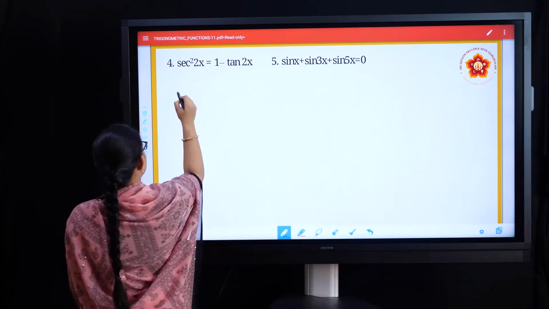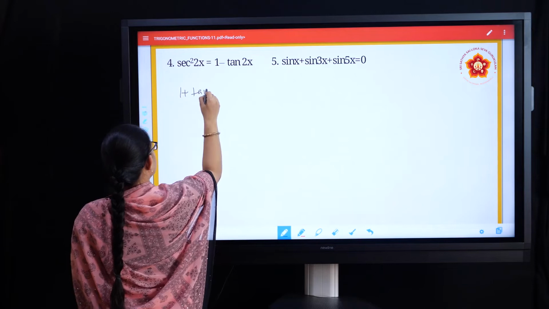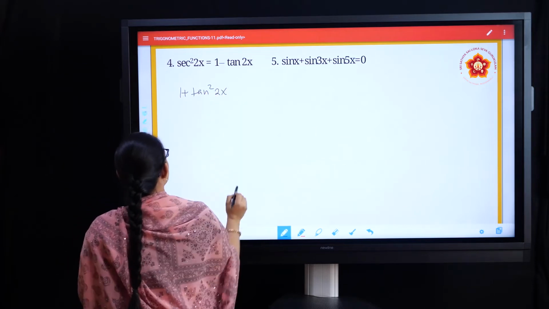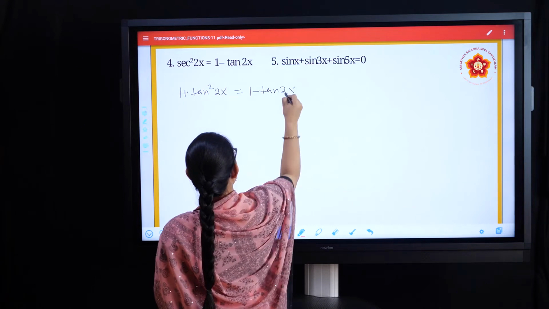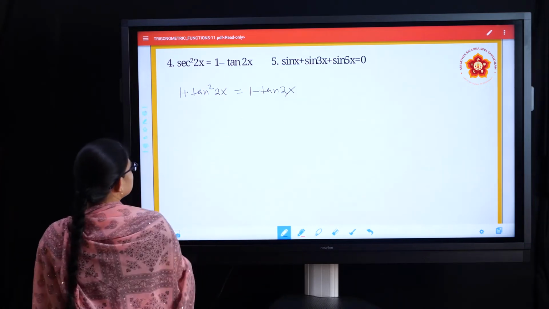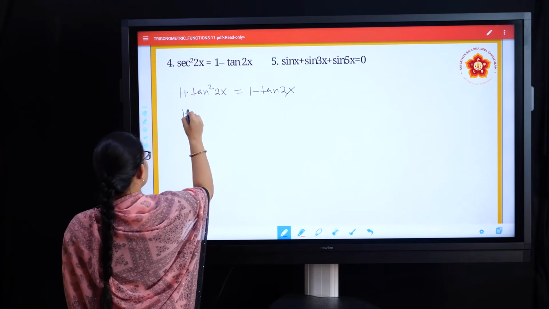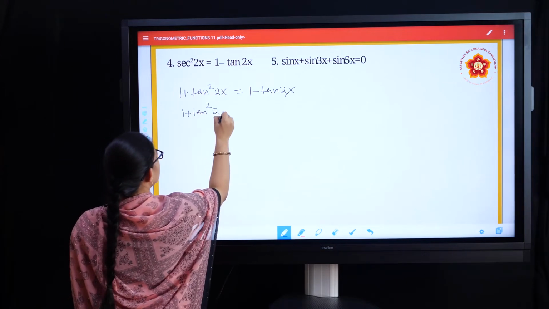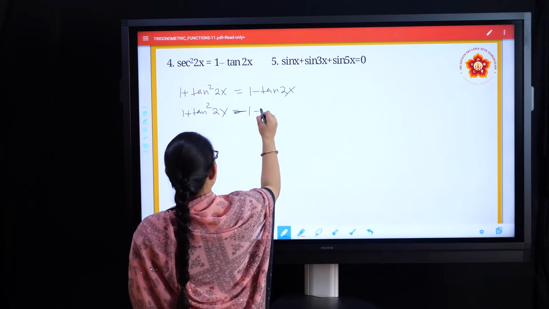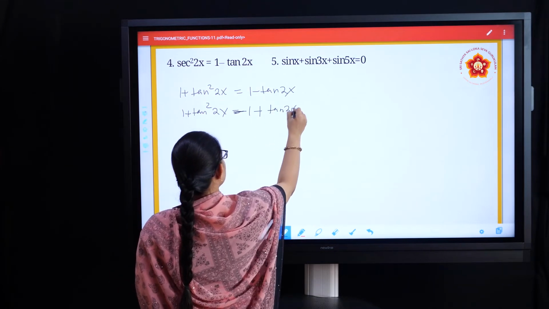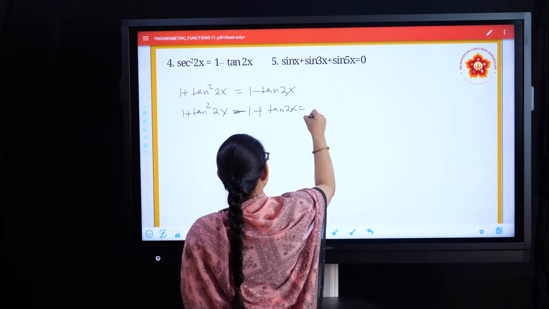So we can rewrite that as 1 plus tan square 2x is equal to 1 minus tan 2x, or let us take all the terms to the other side. So that is 1 plus tan square 2x minus 1 plus tan 2x is equal to 0.